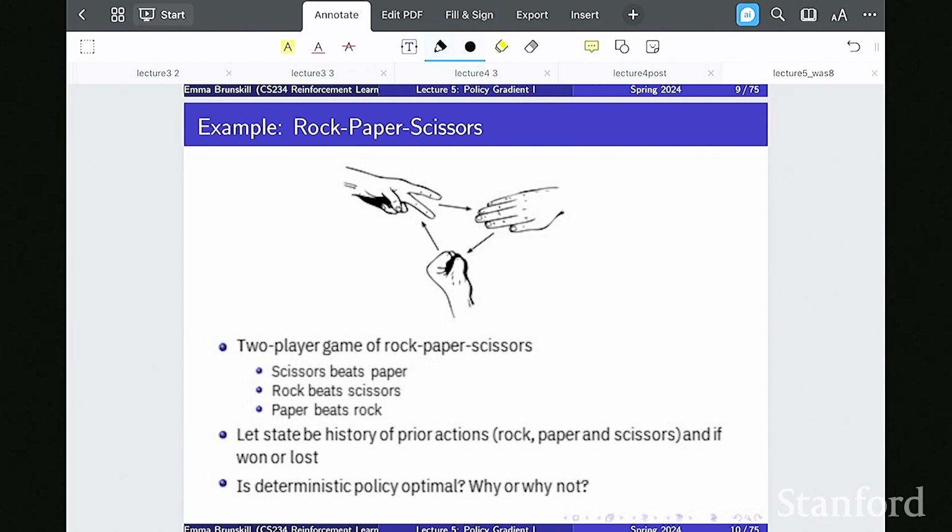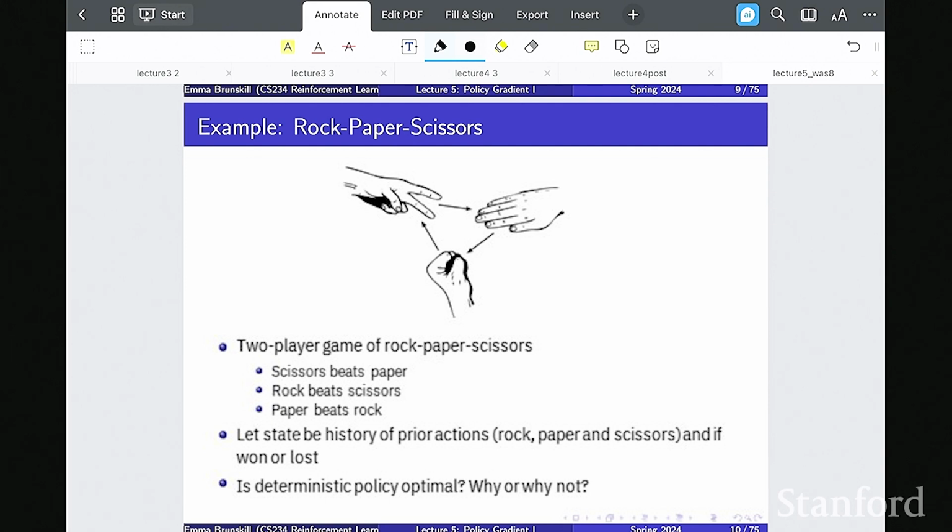If I say I'm always going to pick paper, what does my opponent do? They're always going to pick the other one, rock, to beat me. So anything you do that's deterministic can be exploited by your opponent if you are playing repeatedly. And so the optimal thing to do here is to be stochastic. So the optimal policy has to be stochastic here. Otherwise, all deterministic policies are strictly dominated by a good stochastic policy.